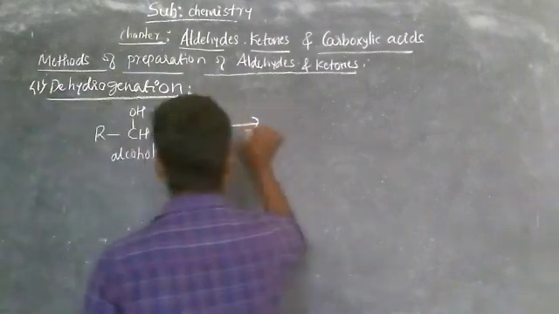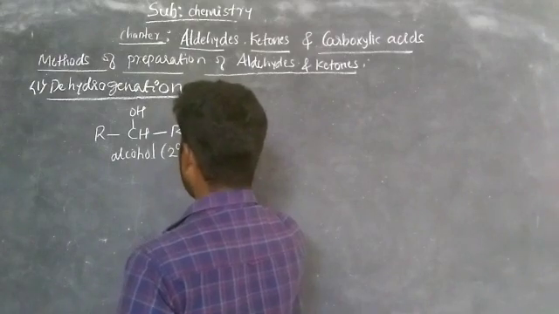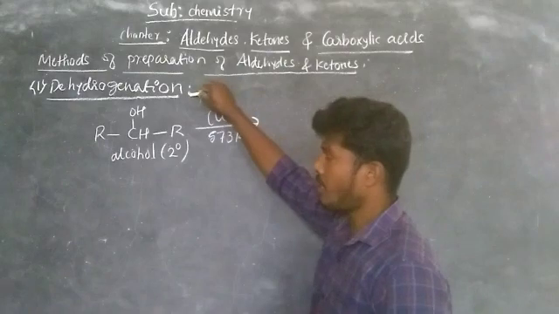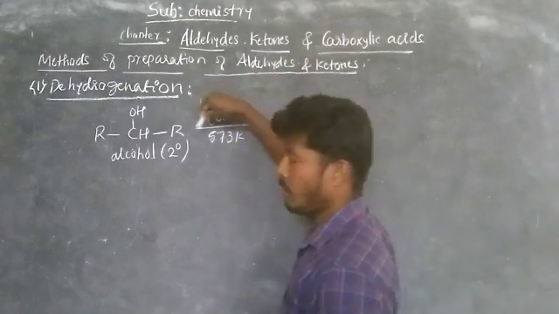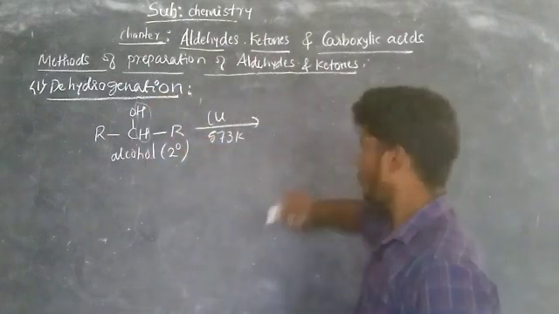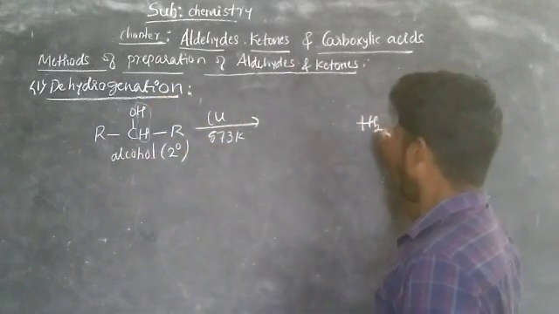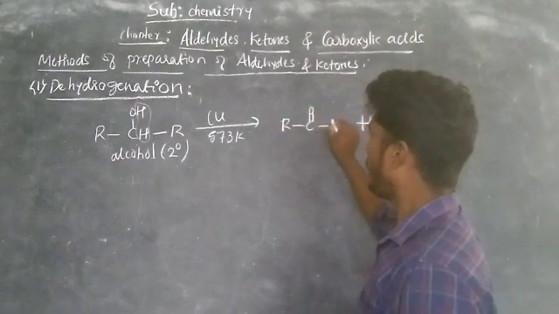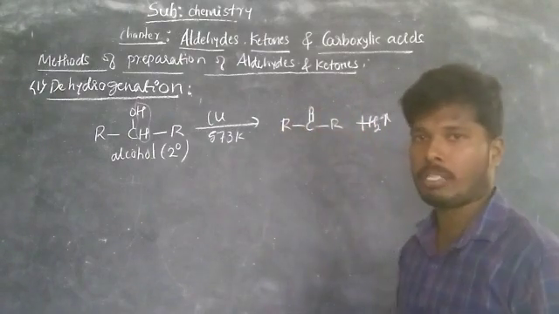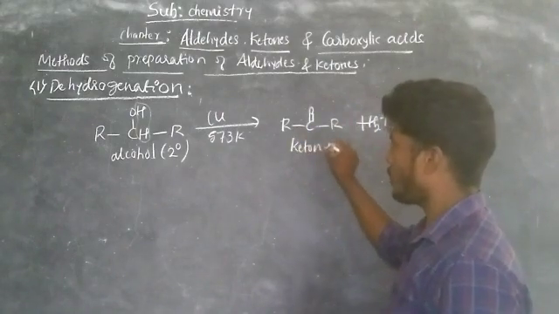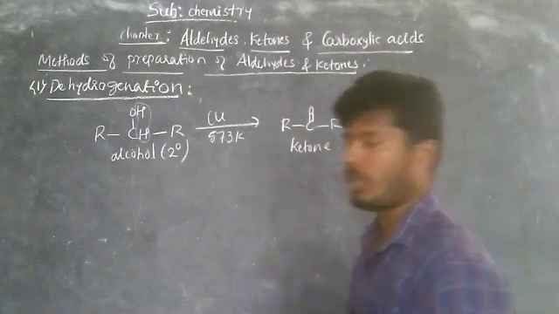Now the secondary alcohol, passed through the copper tube at 573 Kelvin, undergoes dehydrogenation and gives the aldehydes, sorry, ketones. See, hydrogen and hydrogen become H2 gas and the remaining is R C double bond O R. You can write it so. Okay, this is what? Ketone. So here secondary alcohols give ketones.